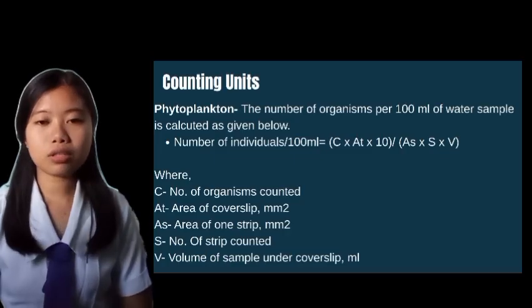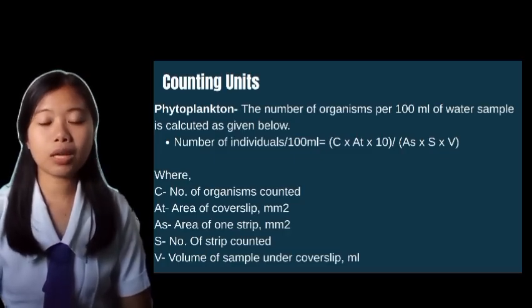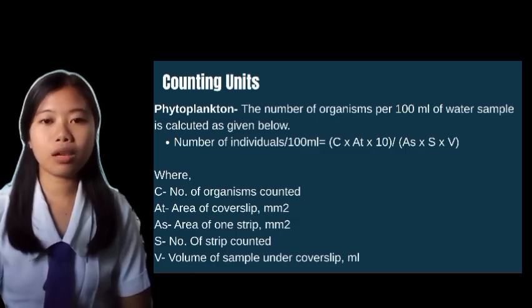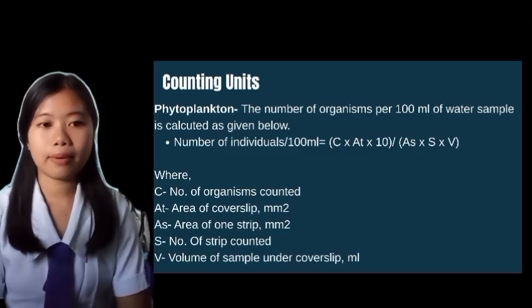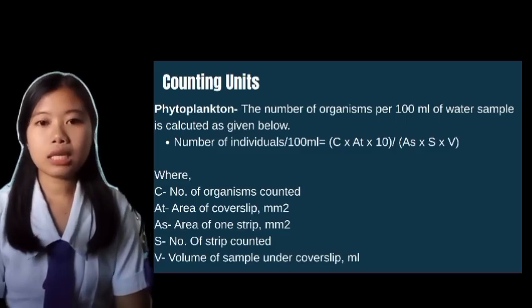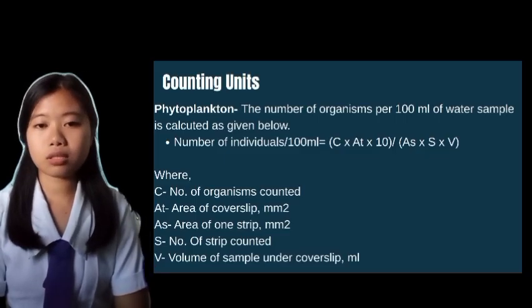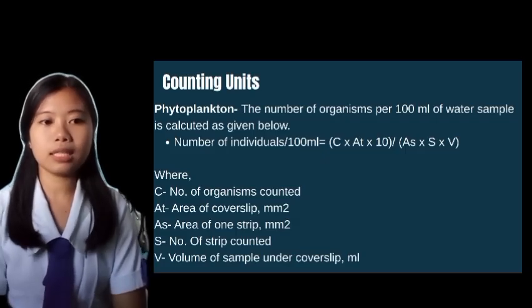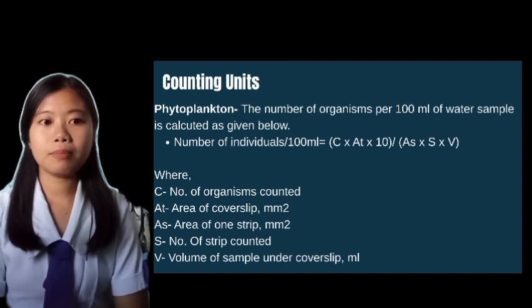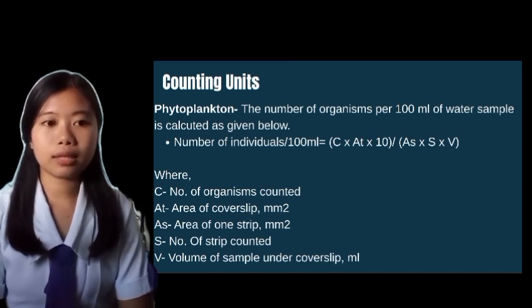For counting units for phytoplankton, the number of organisms per 100 ml of water sample is calculated using the formula below. The number of individuals per 100 ml is equal to C, which stands for number of organisms counted, multiplied by 80, the area of cover slip in millimeters squared, and multiplied by 10.